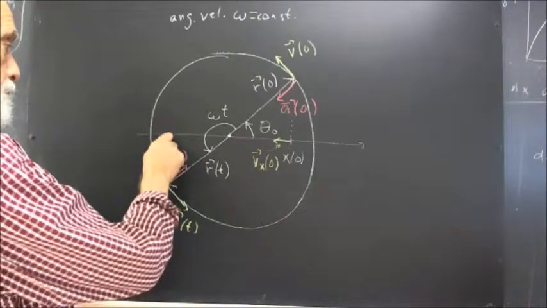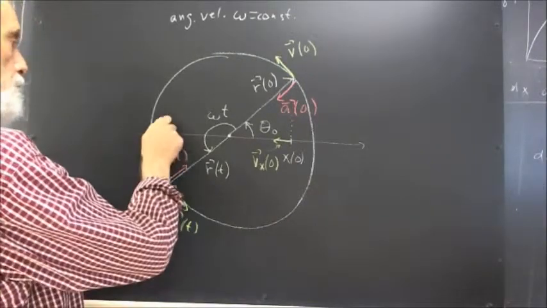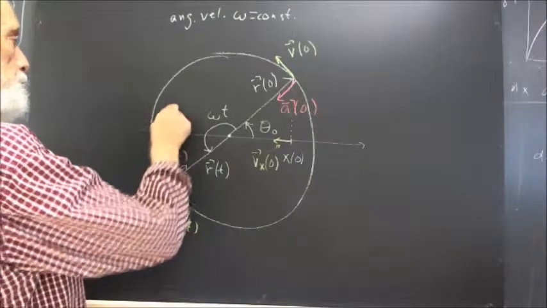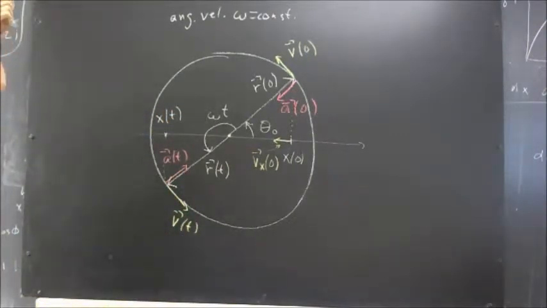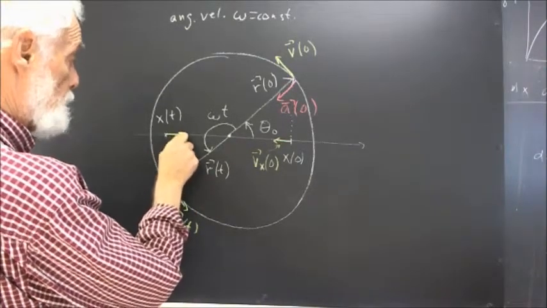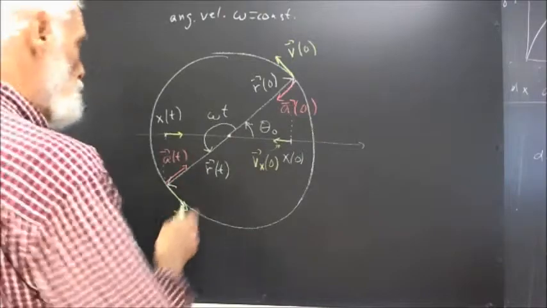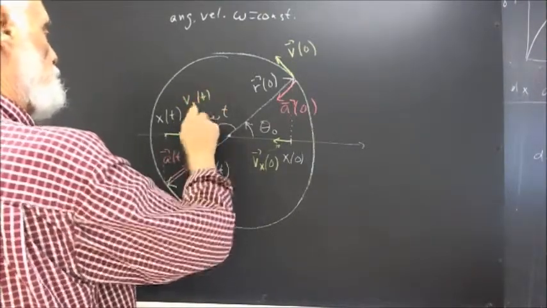As before, I'll go ahead and project the x vector. So here's our new position. This will be our position x of t. And our velocity v of t will be the projection of this vector onto the x-axis. So that'll be what we'll call vx of t.